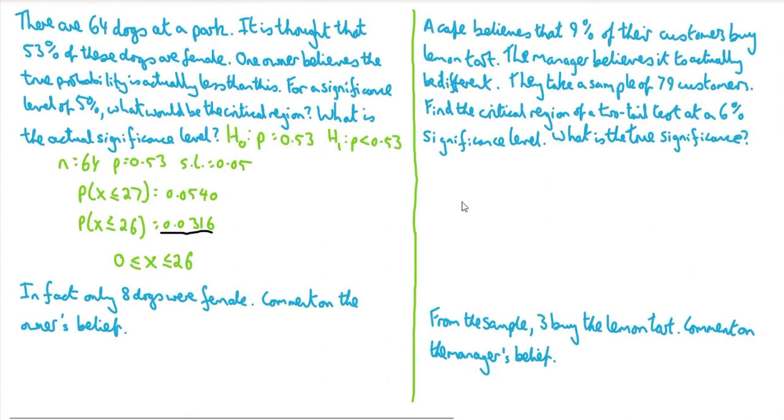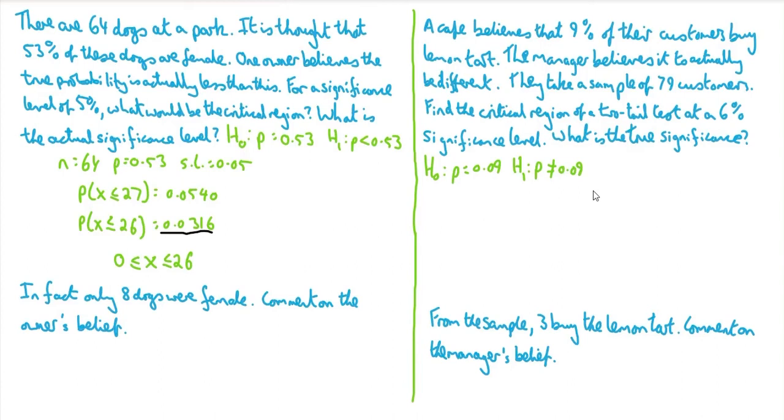Right, so for one last time, to start off with, we need to identify our hypotheses. For our null hypothesis, we're going to have the probability equals 0.09, the 9% as a decimal. Meanwhile, the alternate hypothesis is simply going to be that p does not equal 0.09, both because the question has in general specified that this has to be a two-tailed test, but also because there's been no indication of whether this probability has increased or decreased.